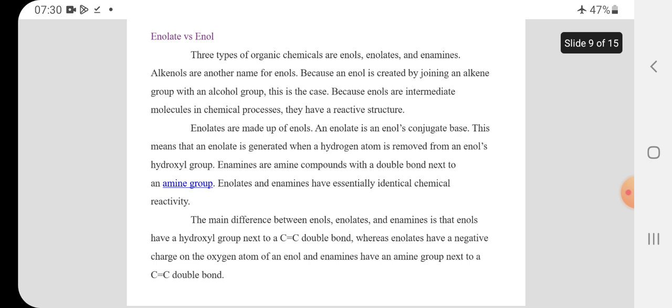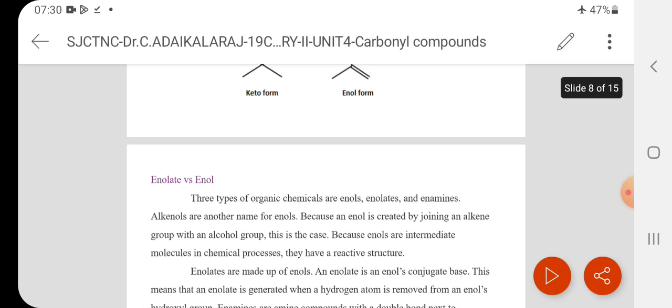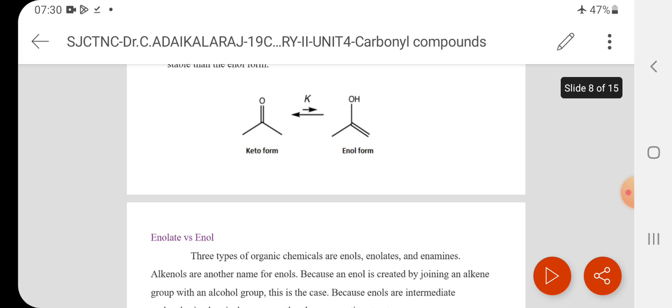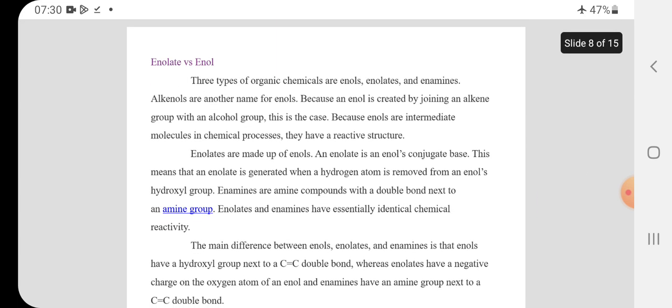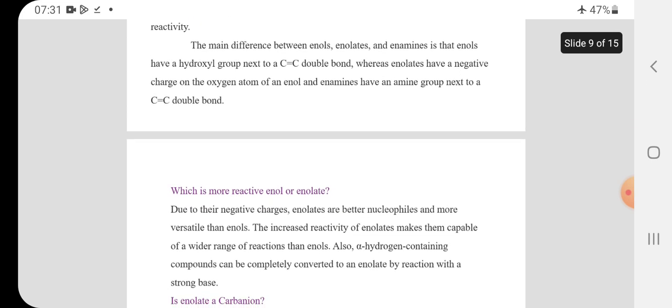Enolate versus enol. Generally, the enolate means the enol in which the hydrogen atom of the hydroxy group is replaced by a base, forming the enolate ion. The main difference is that enols have a hydroxy group next to the carbon-carbon double bond, whereas the enolate has a negative charge on the oxygen atom of the enol, and enamines have an amine group next to the carbon-carbon double bond.